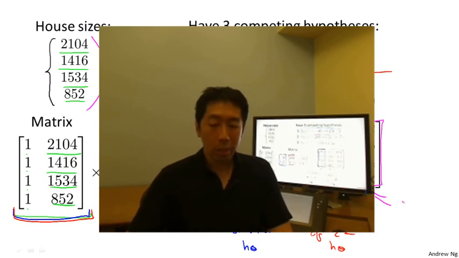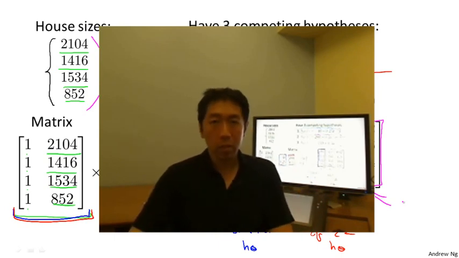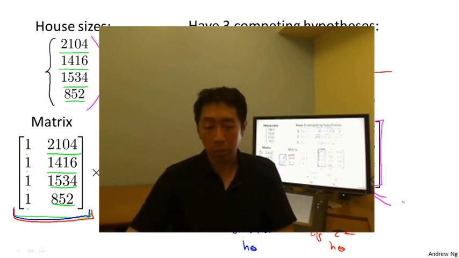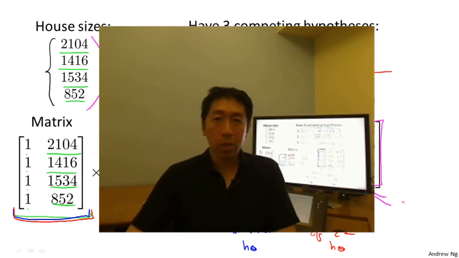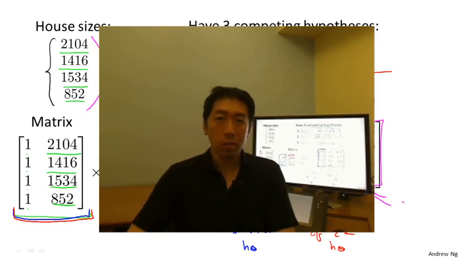And there'll be good linear algebra libraries that are highly optimized in order to do that matrix multiplication very efficiently, including taking advantage of any sort of parallel computation that your computer may be capable of, whether your computer has multiple cores, or multiple processors, or within a processor, sometimes there's parallelism as well, called SIMD parallelism, that your computer can take care of. And there are very good free libraries that you can use to do this matrix multiplication very efficiently, so that you can very efficiently make lots of predictions of lots of hypotheses.